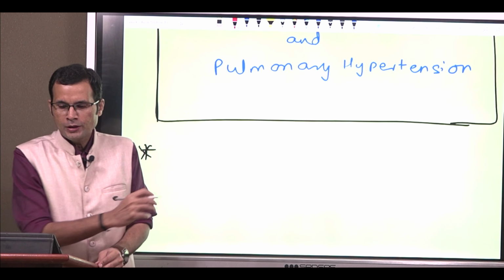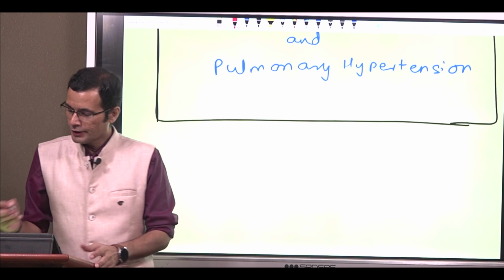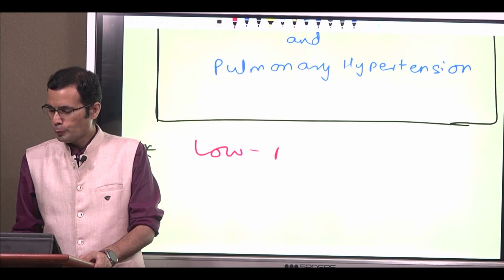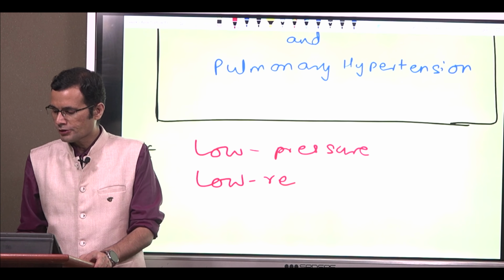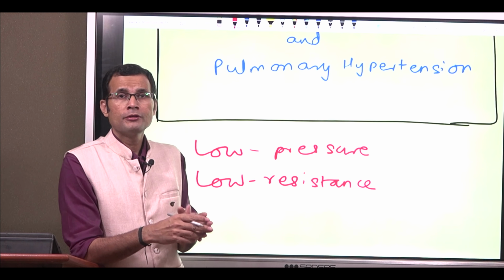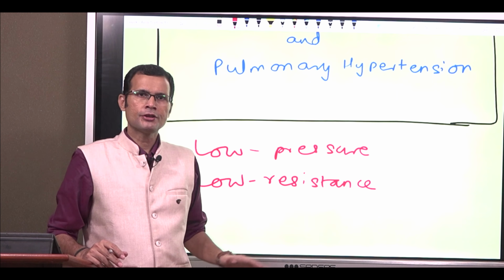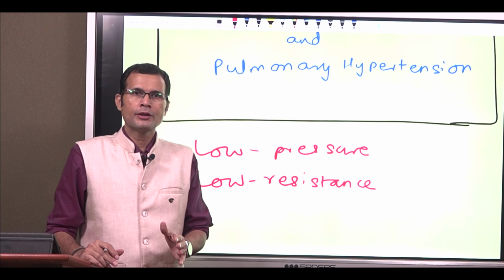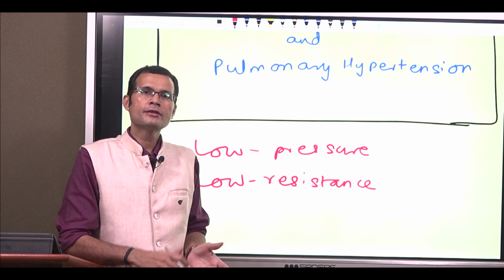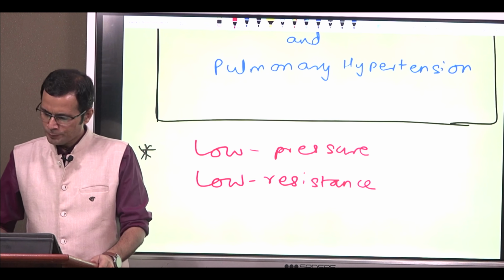First point, we have seen this already, that the pulmonary circulation is a low pressure and low resistance circulation. I would suggest you all refer to the first part of this video dealing with the pulmonary circulation and its features. There we've seen that it's a low resistance circulation, relative to the systemic circulation, which is a high pressure and high resistance circulation.